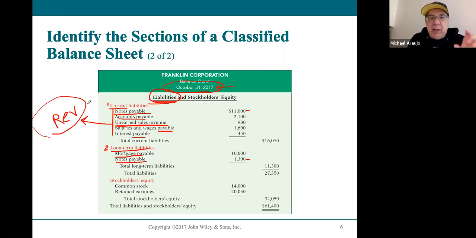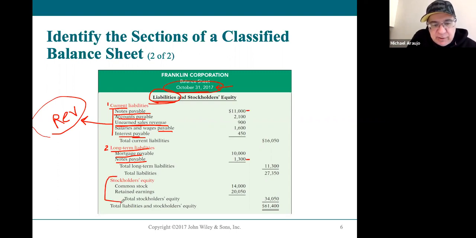Interest is going to pile up every day until it's due in December. So the interest that piles up for the month of October, I can expense in the month of October. The interest that piles up in the month of November, I will expense as interest expense in the month of November, even though I'm not paying that until the loan is due in December. So how do I show that I still owe the interest? That's what interest payable is.